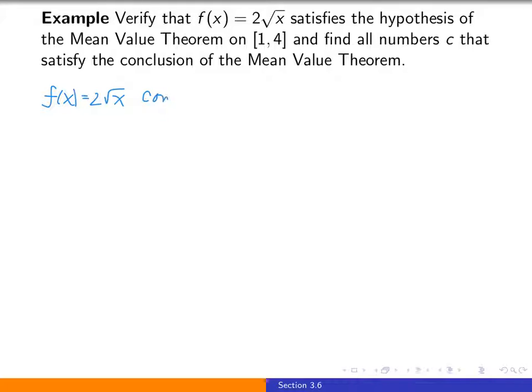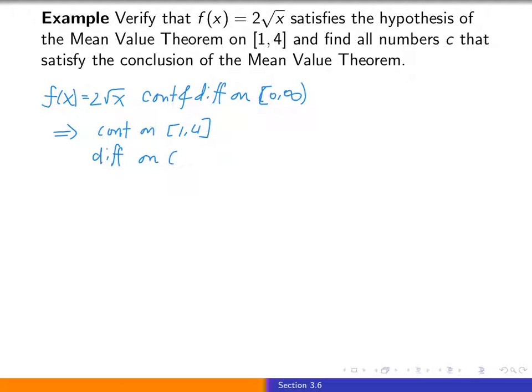So this would be continuous and differentiable on the interval from 0 to infinity. And since it's perfectly continuous and differentiable there, it is also on the interval from 1 to 4. So what this tells us is that it's continuous on that closed interval from 1 to 4 and differentiable on the open interval from 1 to 4.